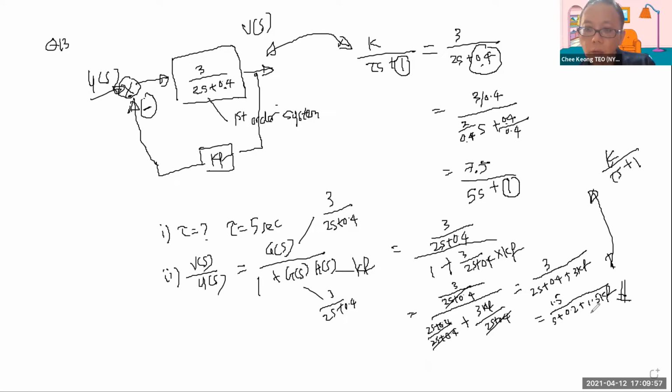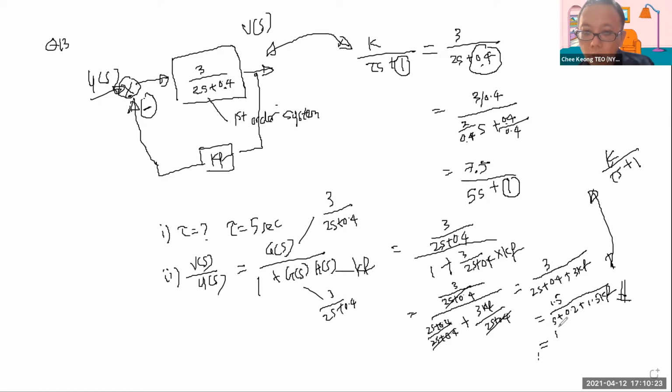Of course, if you compare to tau s plus 1, this term here is not 1. So you have to make sure that this term equals 1. In order to do that, you divide the top and bottom, every term, by this term here.